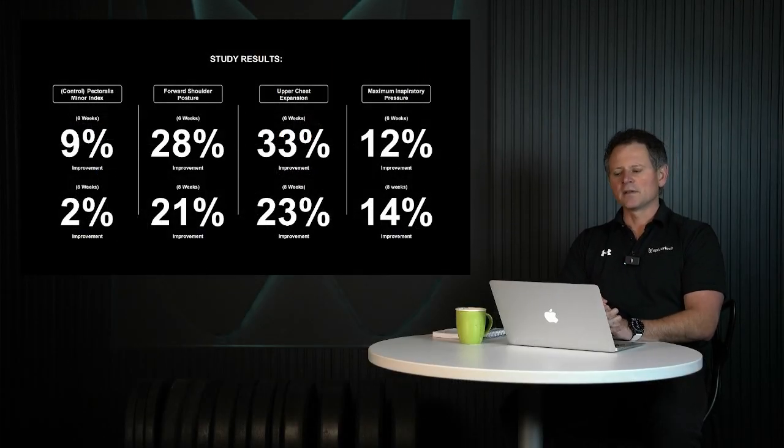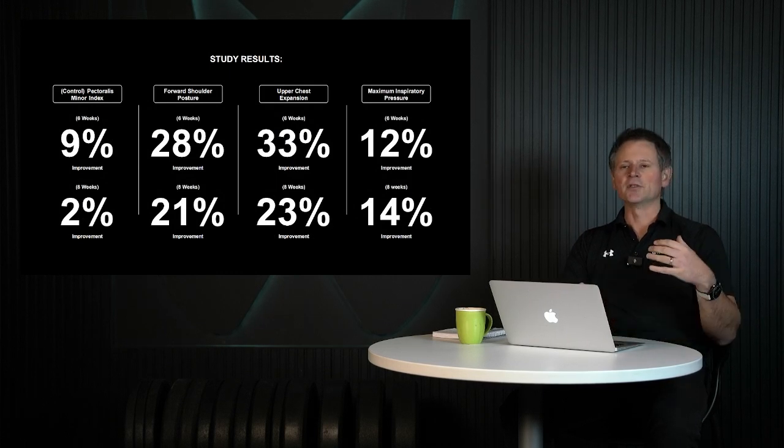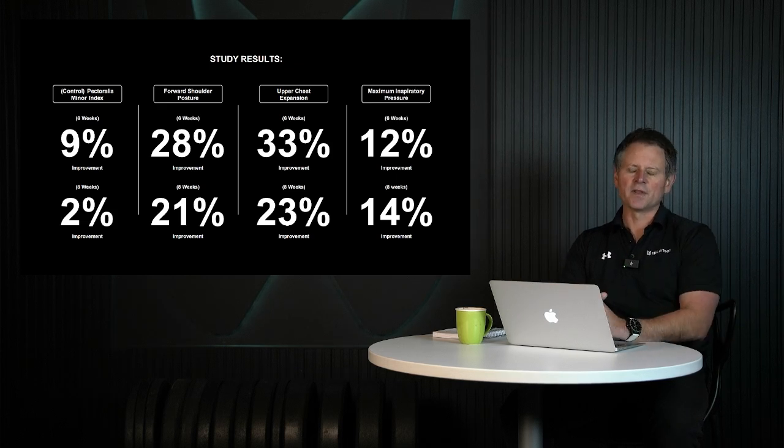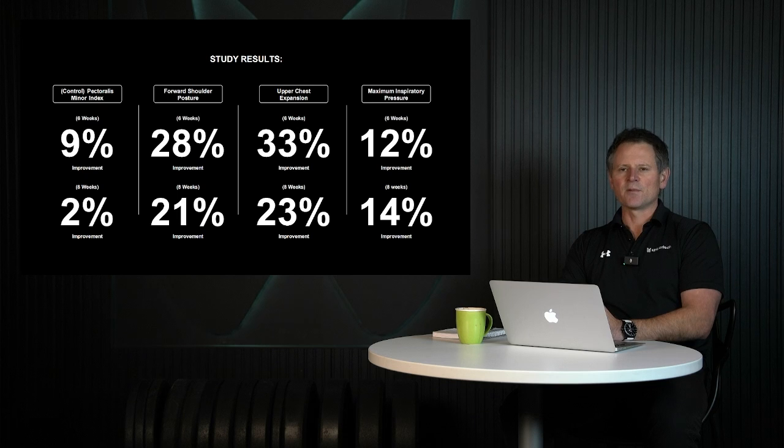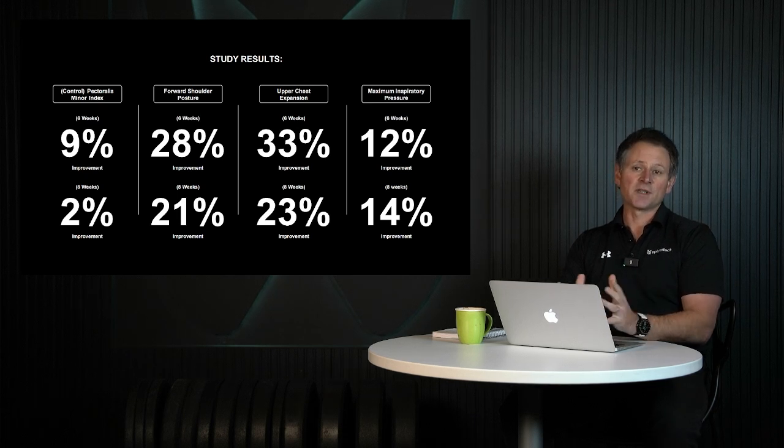We can only extrapolate that that's from the improved posture. As you continue to breathe with improved positions, the diaphragm gets stronger and stronger with every breath. And even with the tape on, without the stretching, we see the continued improvement.